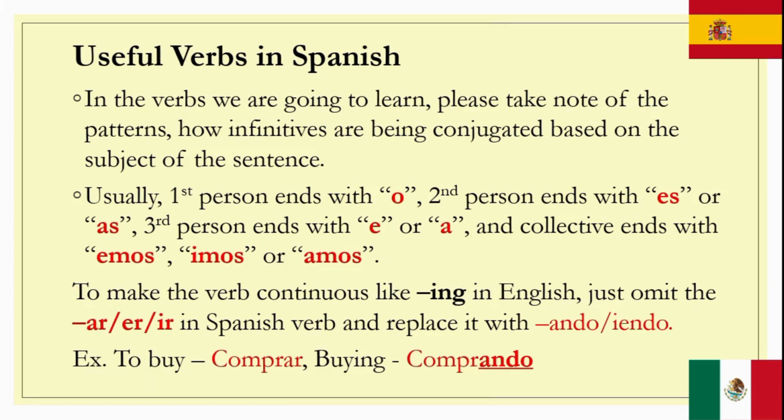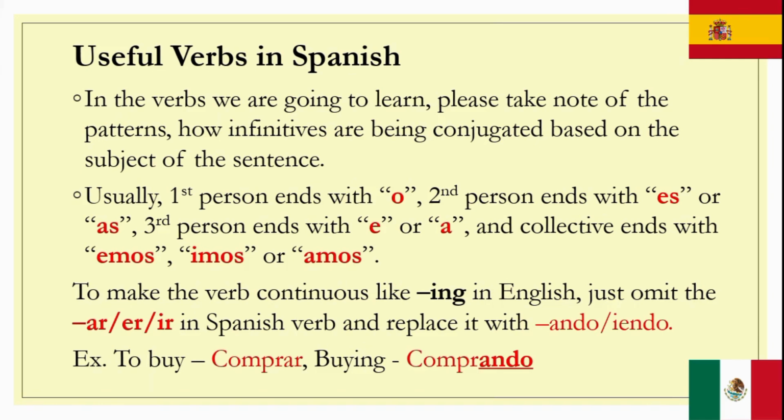To make the verb continuous like -ing in English, the general rule of thumb is omitting the AR, ER, IR in the Spanish verb and replacing it with ando if it's an AR verb, or yendo if it's an ER or IR verb. For example, to buy, that's comprar.